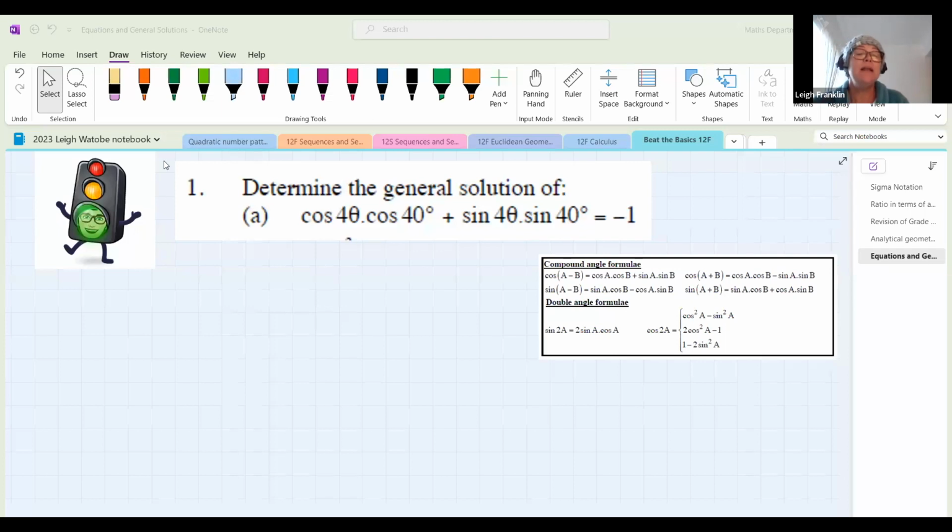All right, so let's start here with this particular question. They just want us to do a general solution. So that means that we need to find our value for theta plus k times 360, or k times 180, or whatever the case is. I think this is going to be a cos one, so it'll be k times 360.